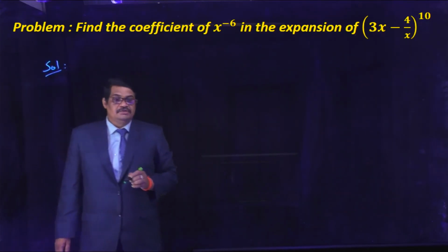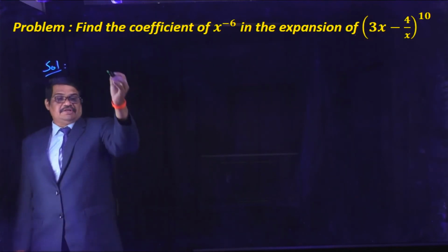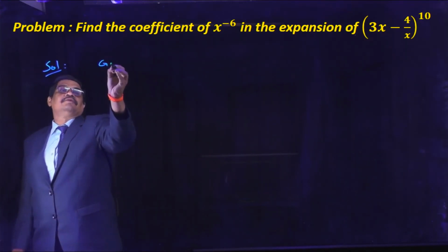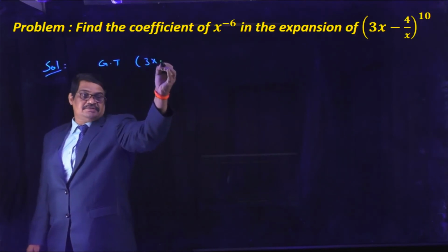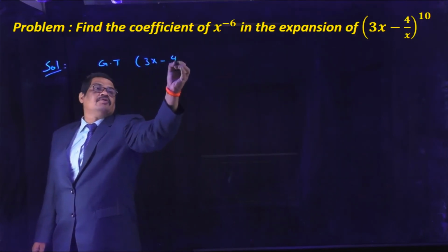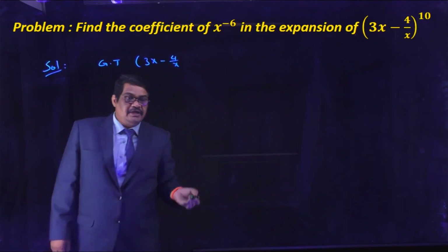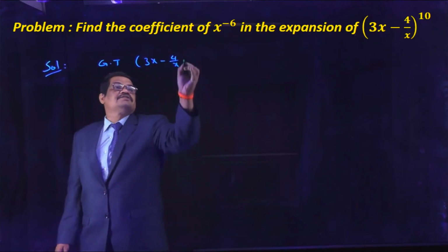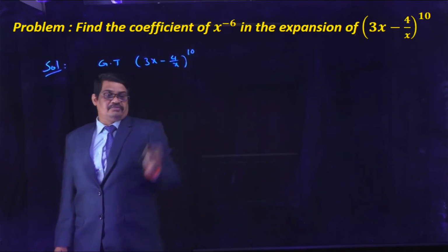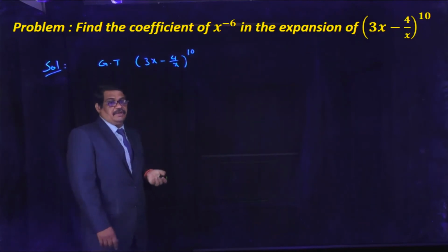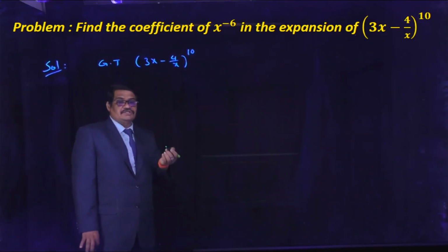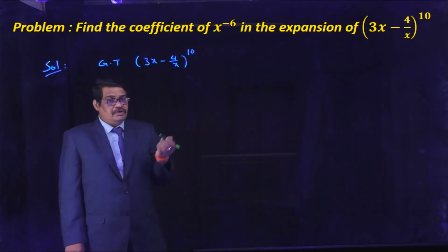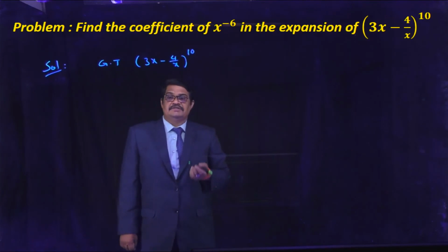The given expression is (3x minus 4 by x) whole to the power of 10. Now I have to find the coefficient of x to the power of minus 6.